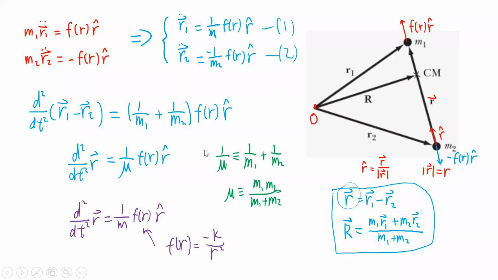So once we are able to solve for r, ultimately I do want to get the information of the position of M1 and M2 individually. Actually that would also be easy.